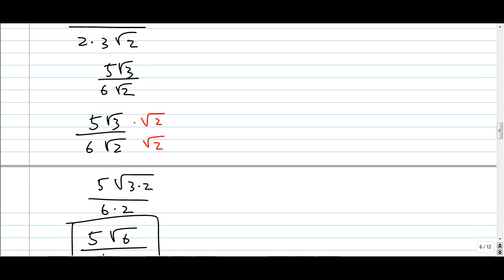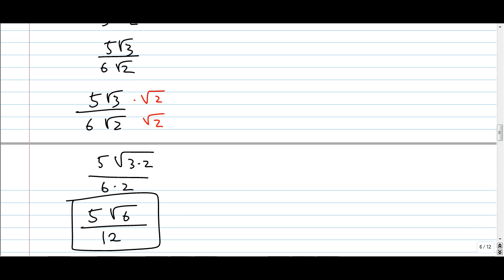So the answer becomes 5 rad 6 over 12. Does this make sense? 12, right, 6 times 2 on the bottom. What is rad 2 times rad 2? Isn't that just 2? That's how you rationalize the denominator.